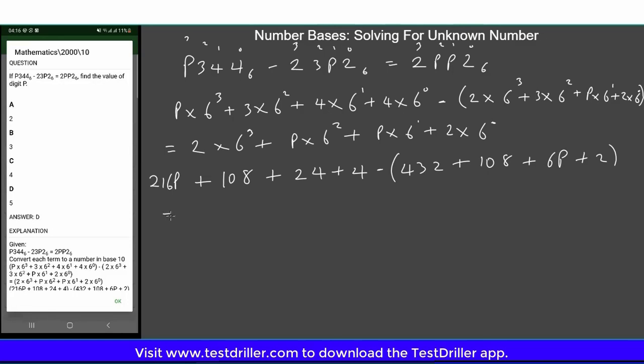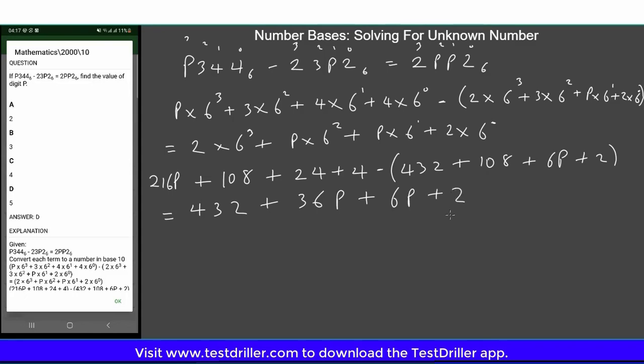And this we're going to equate to 2 times 6 raised to the power of 3, which is 2 times 216, and that will give 432. Then plus 36P plus 6P plus 2.